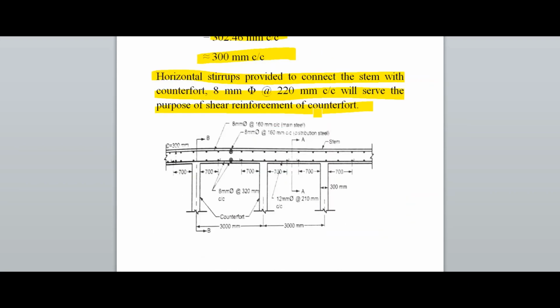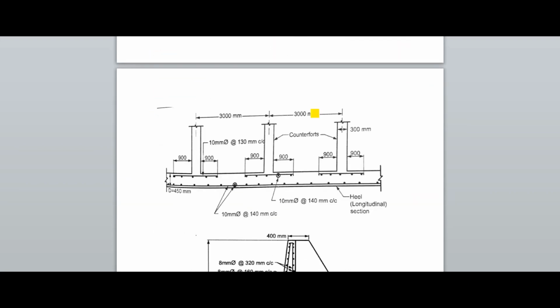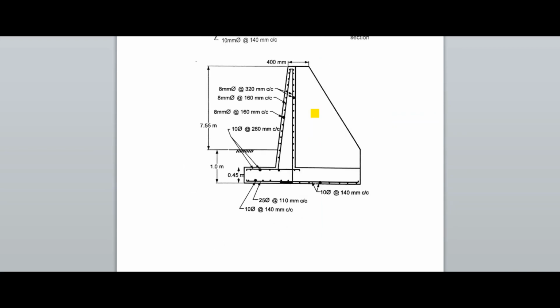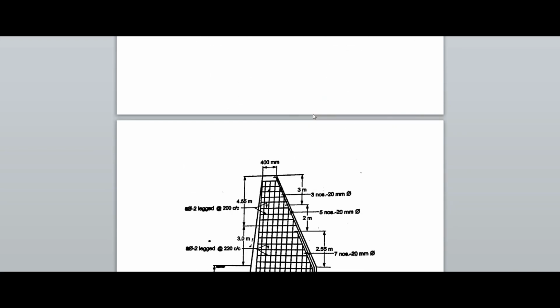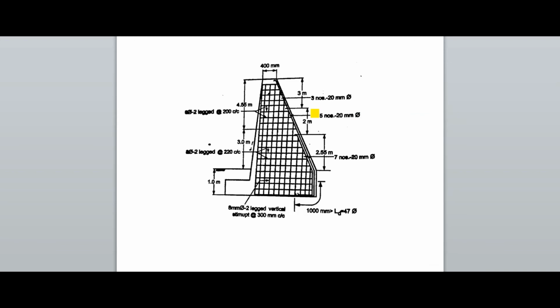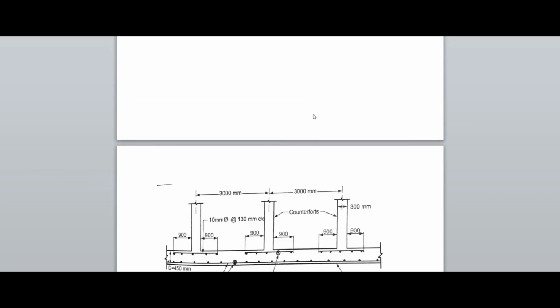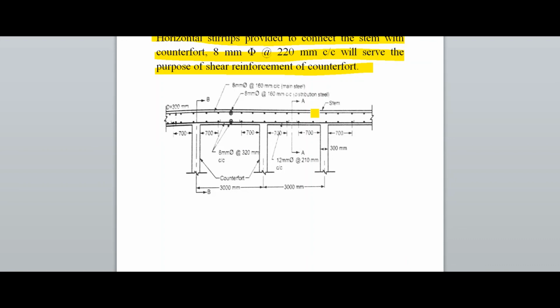Here are some sketches. I explain how to draw the sketch. Here is a counterfort. You can see 300 mm center to center spacing, 12 mm diameter at 210 mm, 8 mm diameter at 160 mm center to center, 700 mm development length.